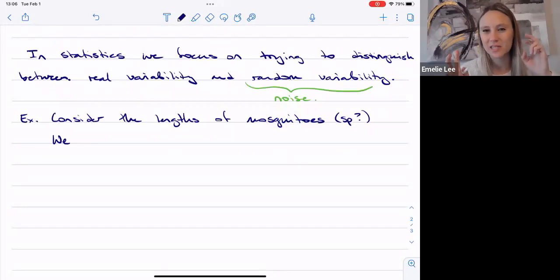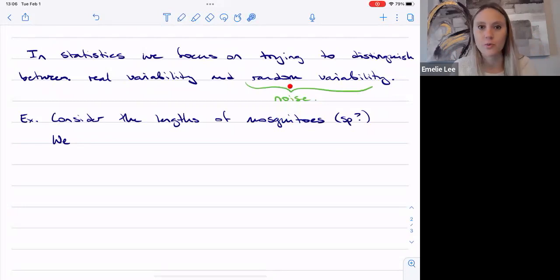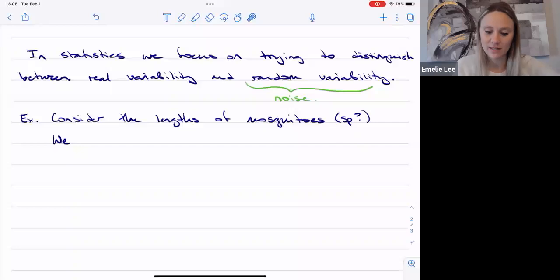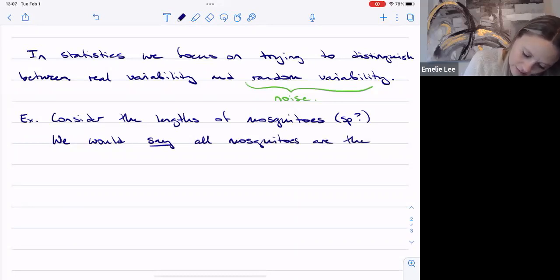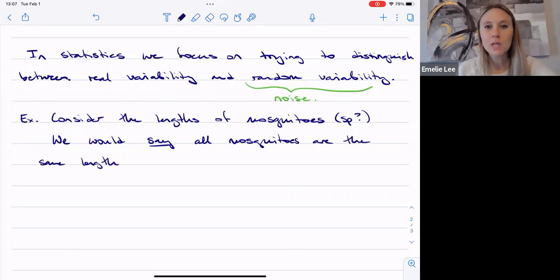We consider all mosquitoes to be the same length, but at the same time we understand that there's this random variability. They are not all the same size. So we would say all mosquitoes are the same length, with the understanding that they're not truly the same length.